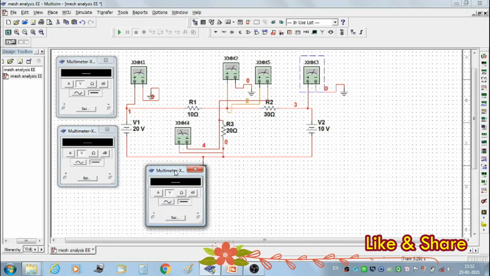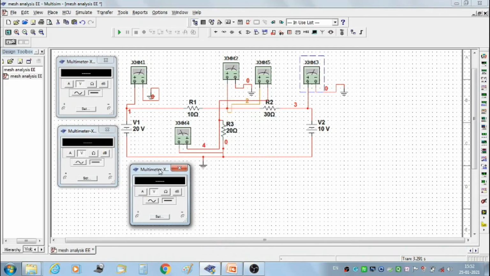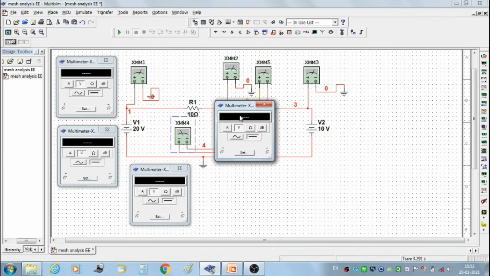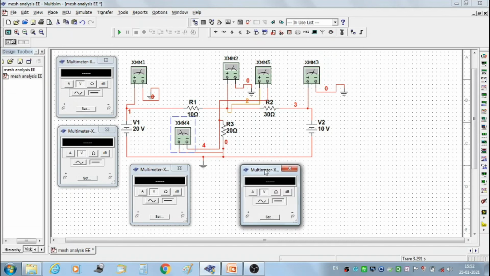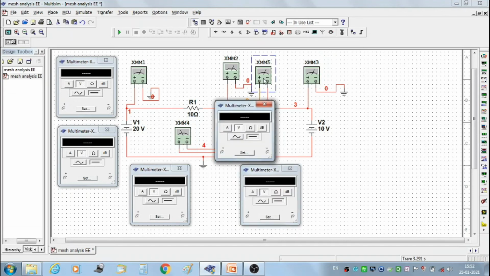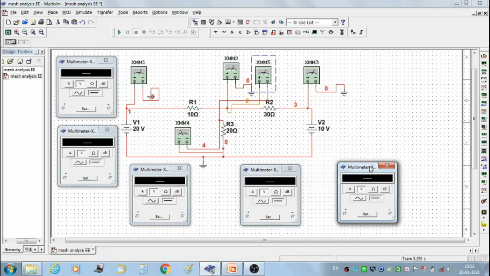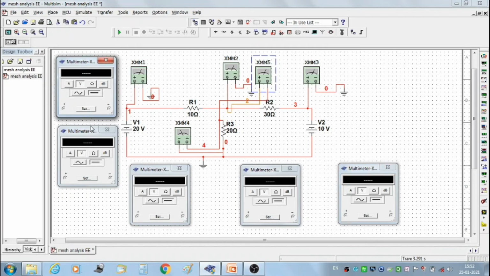Multimeter 3, we are measuring voltage VC. Again, multimeter 4, we are measuring voltage VR3 and multimeter 5 for measuring current I. From this sequence, we are measuring voltage VA, voltage VB, voltage VC, voltage VR3 and current I3.